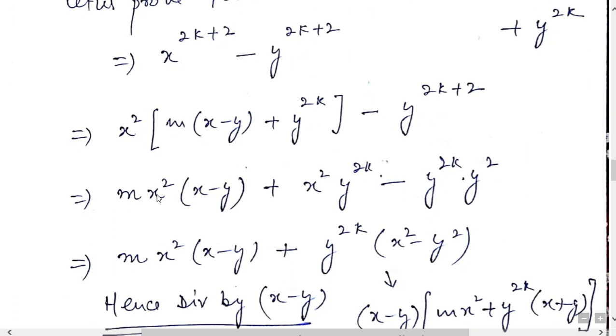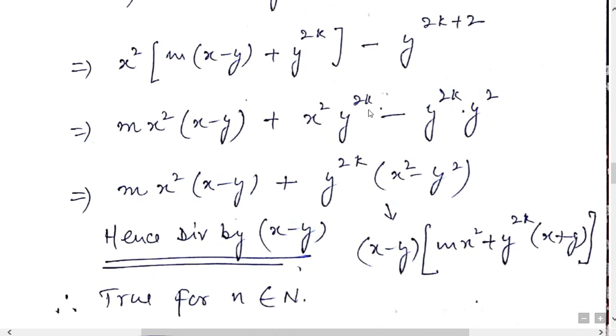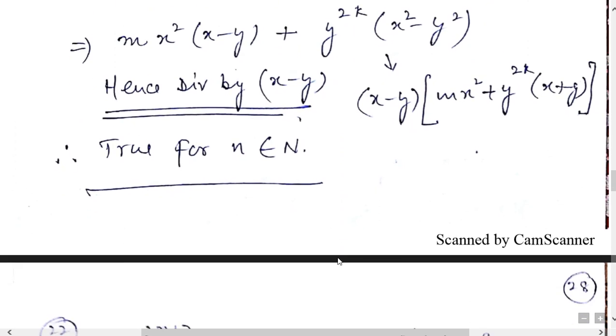Then multiply m into x square into x minus y, x square into y raised to power 2k, y raised to power 2k into y square. From the second and third term, y raised to power 2k can be taken as common, and then x minus y can be taken as common from all the terms. Hence it is divisible by x minus y. It means true for all n belonging to natural numbers.